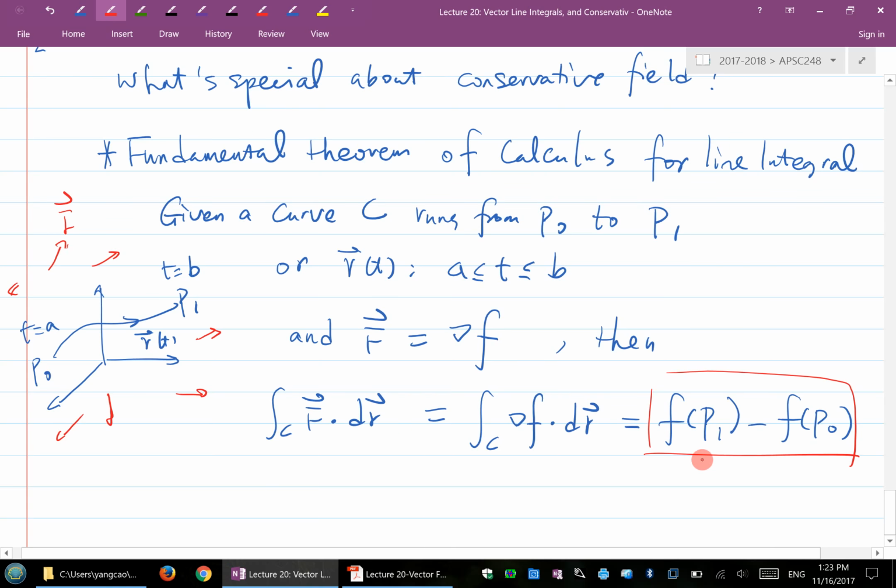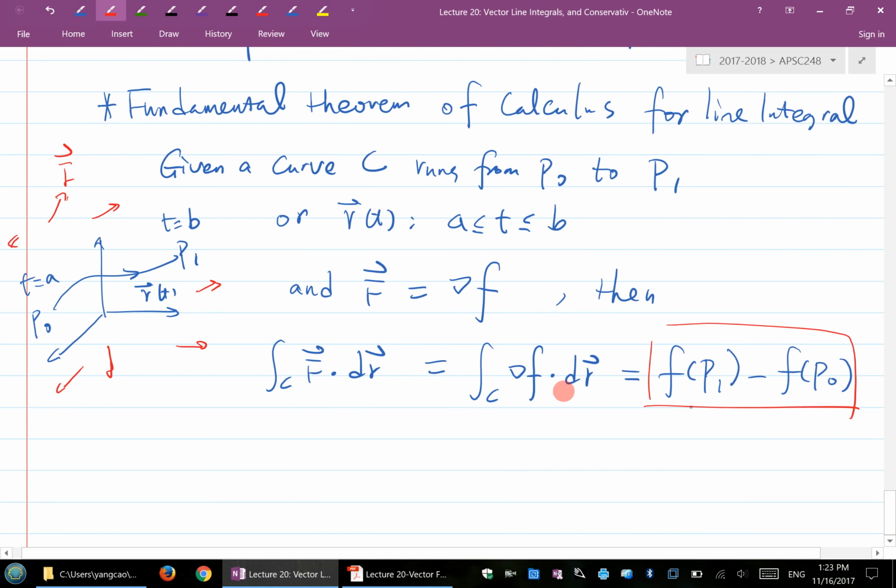What does this mean? Basically, it means this vector line integral is equal to the value of the potential function at the finish point minus the value of the potential function at the initial point. P1 and P naught here basically represent the coordinates, right? You're going to plug the coordinates P naught and P1 into the function f. That's called the fundamental theorem of calculus for line integrals.